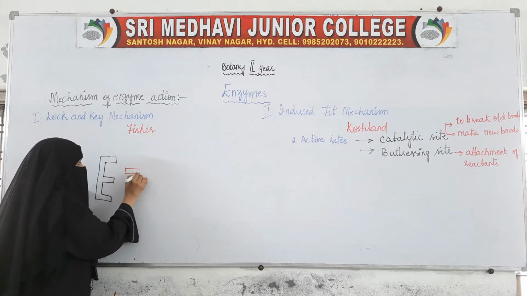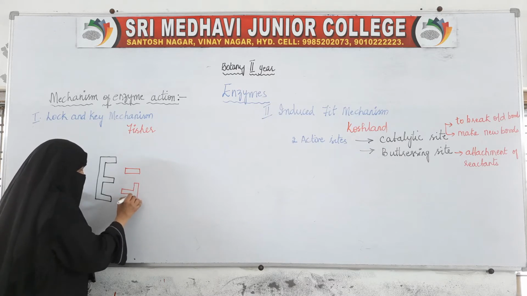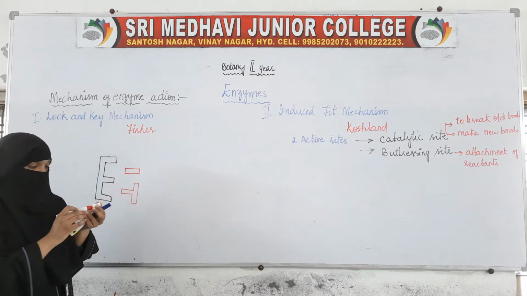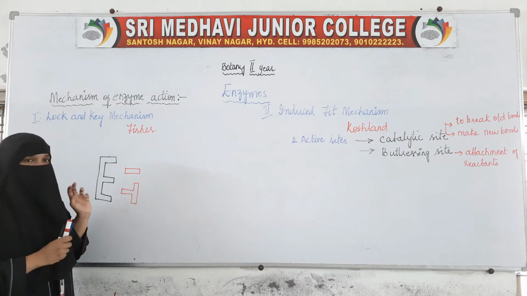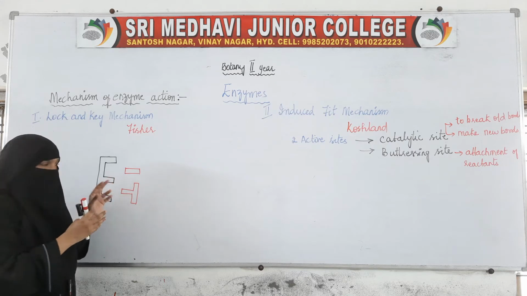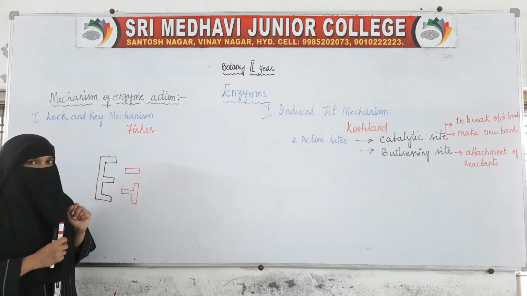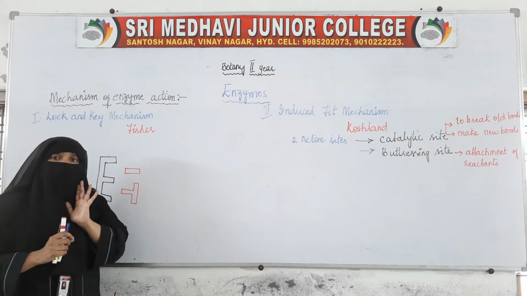For any reaction we require substrates. Substrates are there and enzyme is there. When these substrates come together and fit in the enzyme, an enzyme substrate complex will be formed and we get the product.